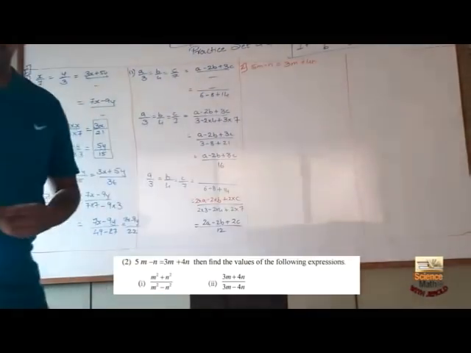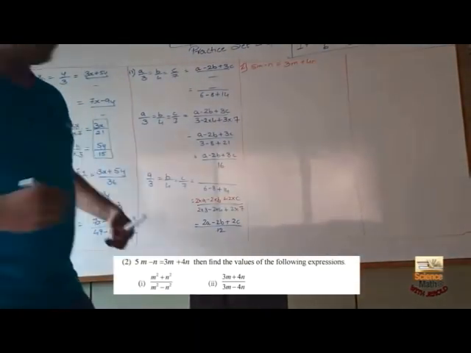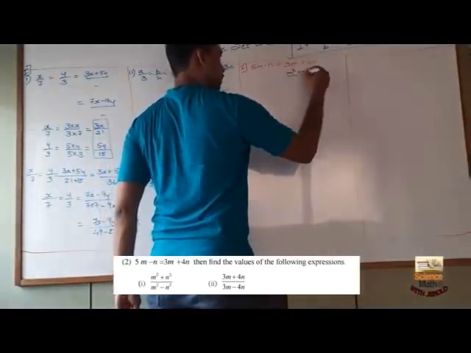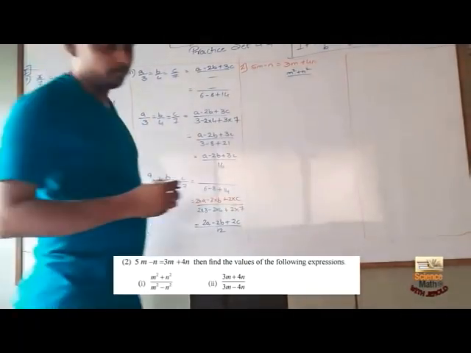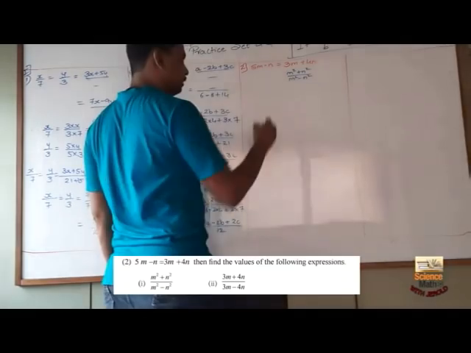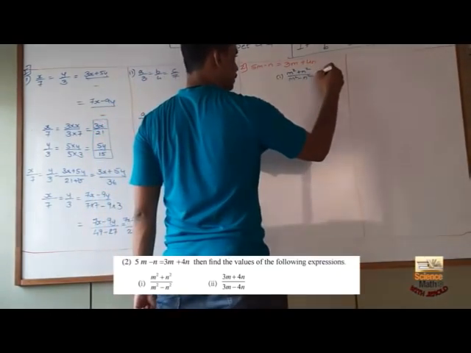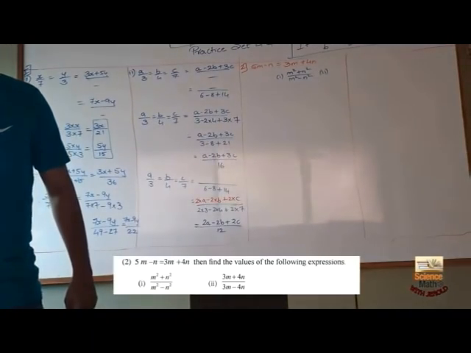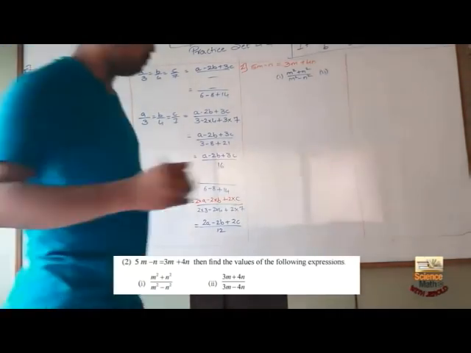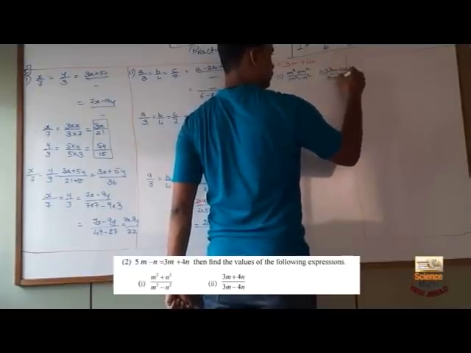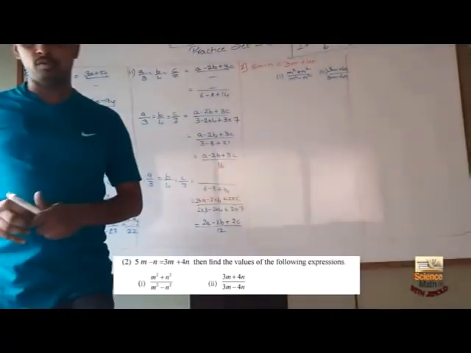I am supposed to find the first value of m squared plus n squared upon m squared minus n squared, and the second value I am supposed to find is 3m plus 4n upon 3m minus 4n. This is what I am supposed to find.